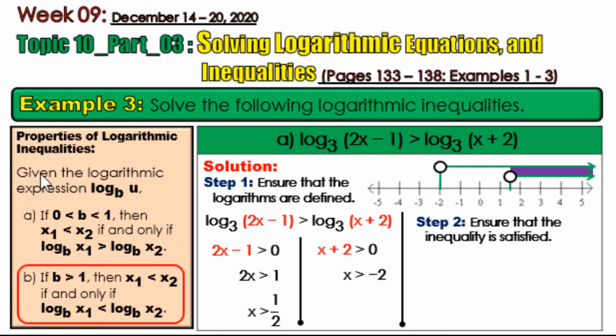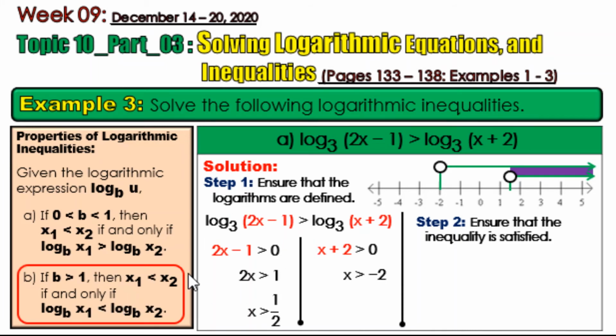Looking back at the properties of logarithmic inequalities, you can observe that our base, which is 3, is greater than 1. So it means to say your inequality sign is not reversed.